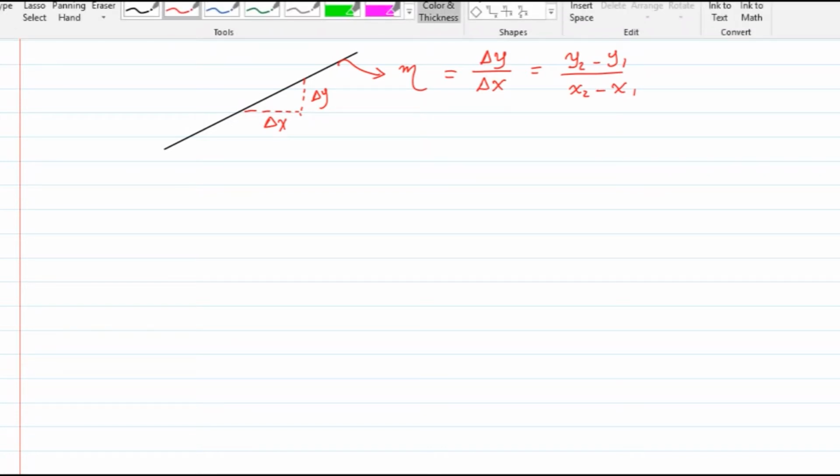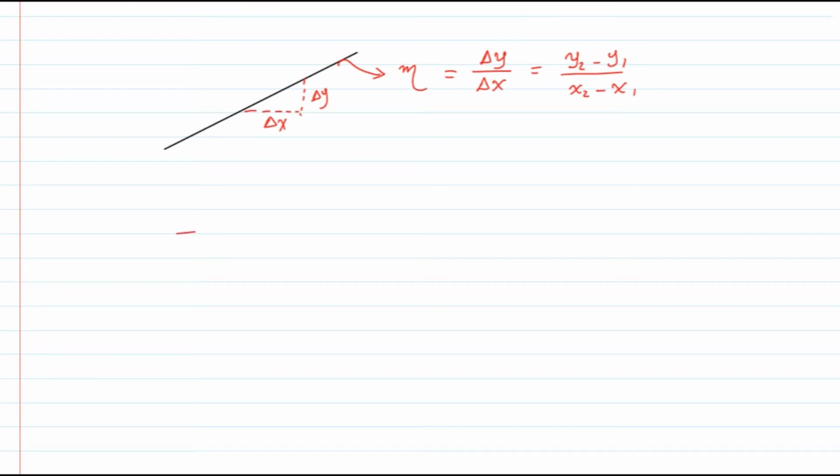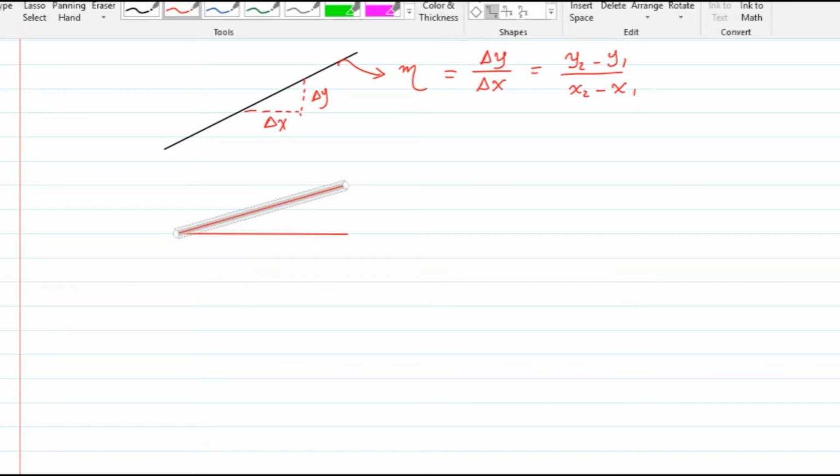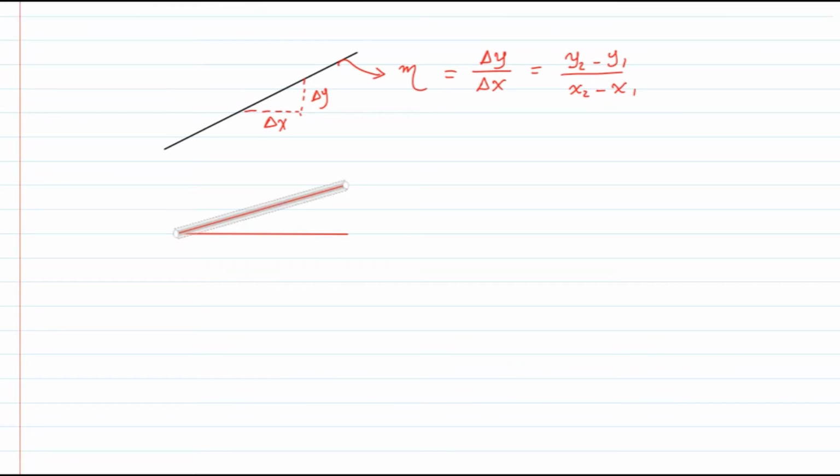If we're having now a horizontal line, this is my horizontal line, and I'm having other lines as well. This is another line, and again another line, and we want to find the gradient of these lines. The gradient of the horizontal line is always equal to 0. Why? Because the gradient is equal to the change in y over the change in x.